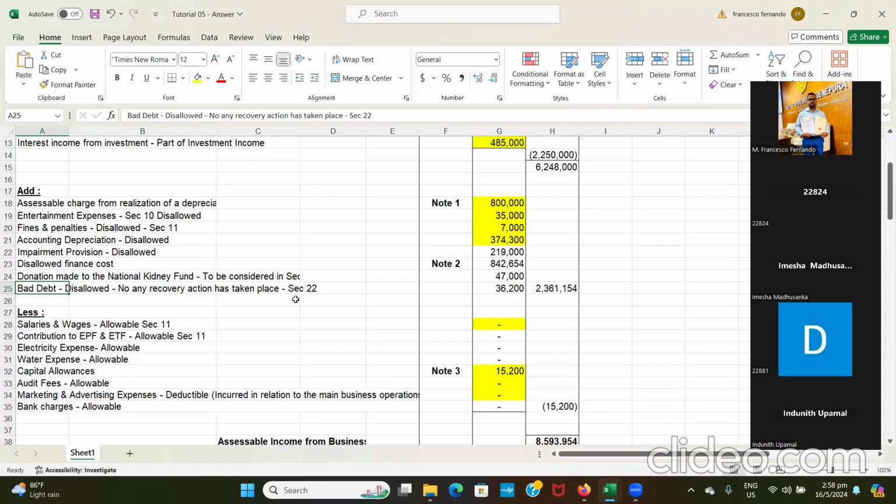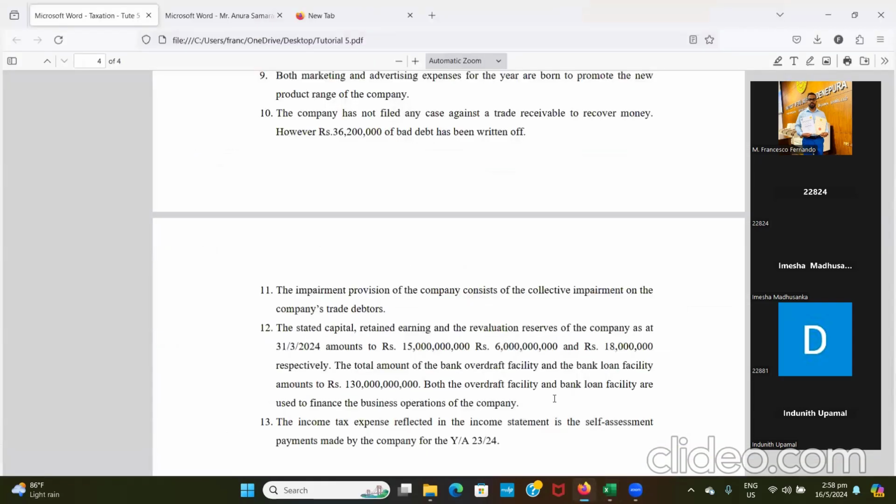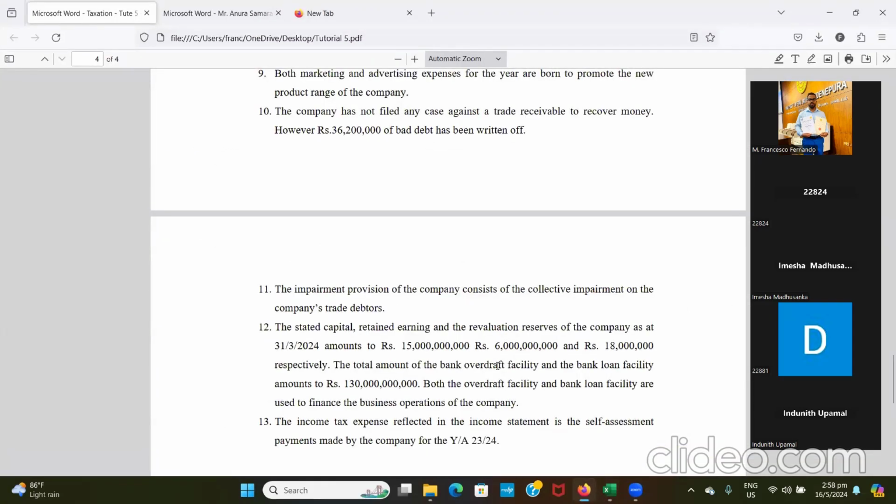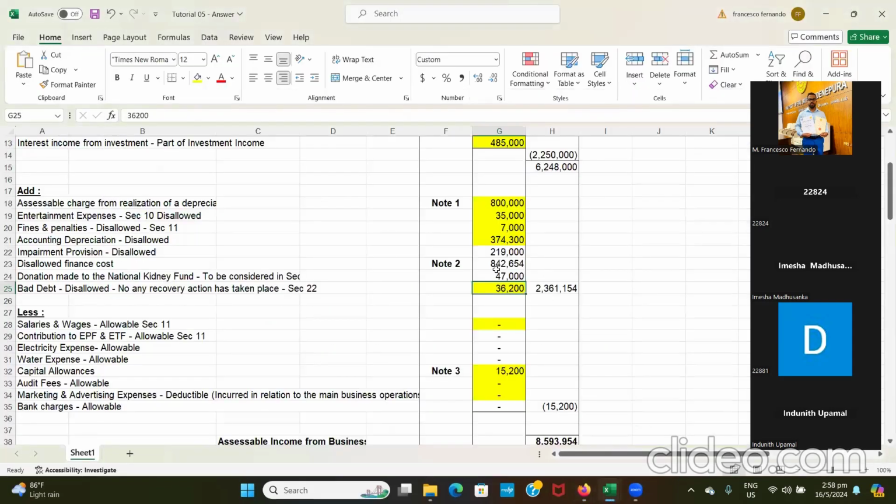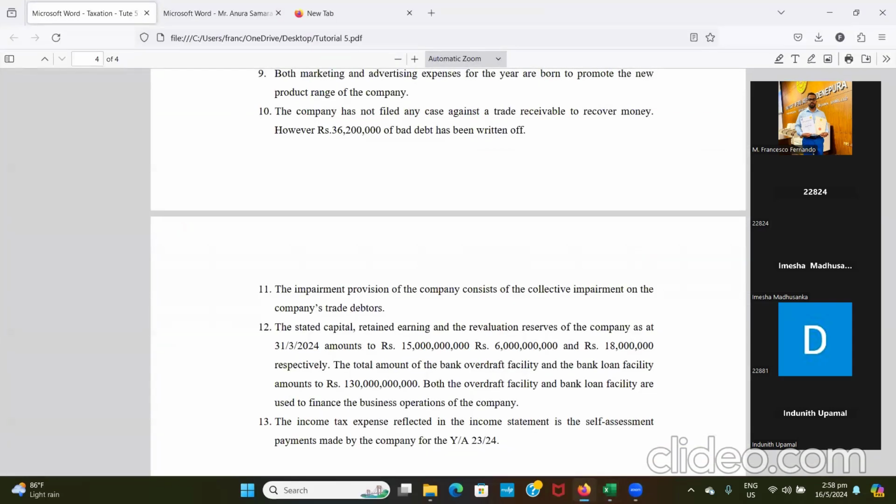So here, as per section 22, these bad debts are an allowable expense. The impairment provision, so even though it is collective impairment or general impairment, impairment provisions are disallowed. But bad debts, if recovery actions are taken, are allowed.